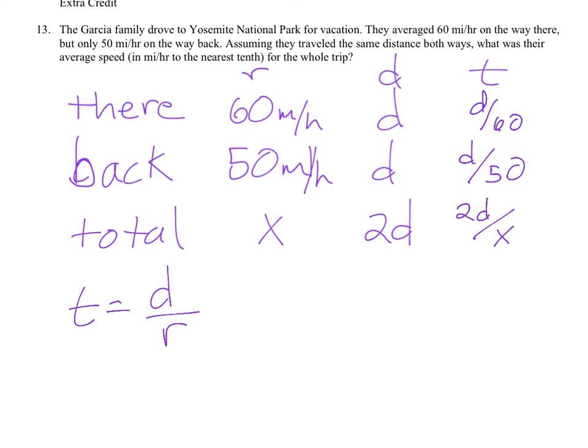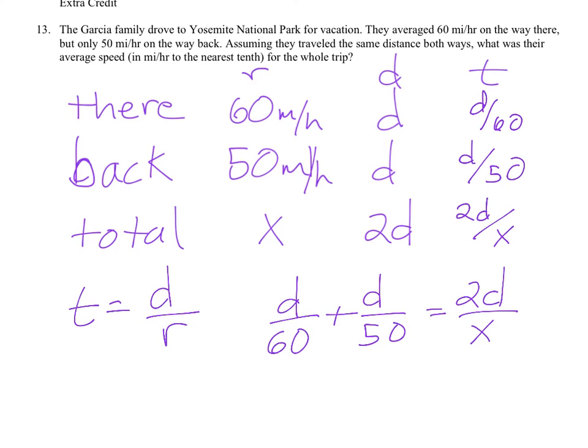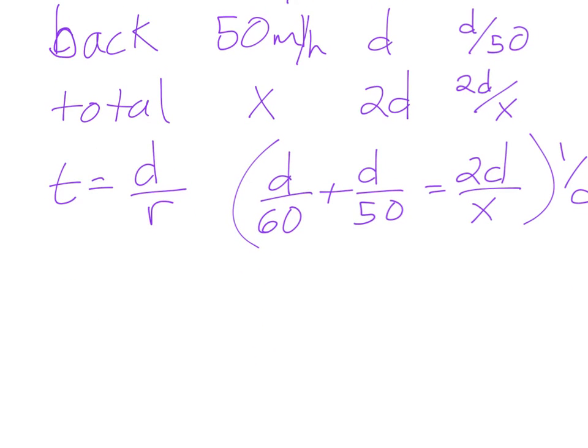The time there plus the time back is going to have to equal our total time. We can get rid of all those d's by dividing through by d. So I have 1 over 60 plus 1 over 50 is equal to 2 over x.